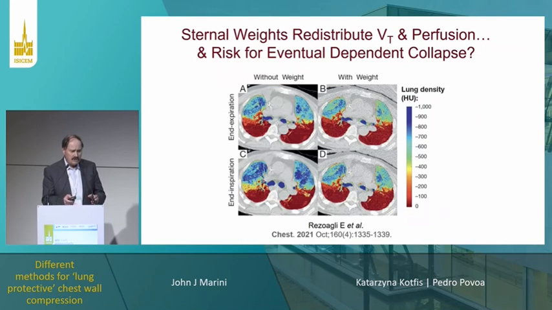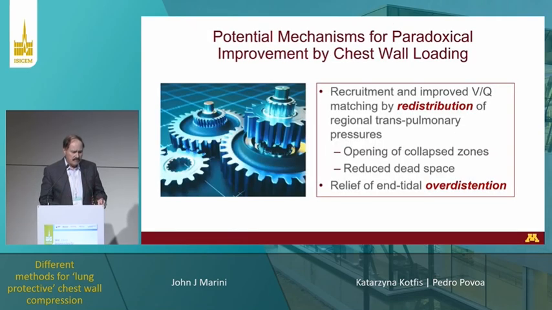Now, sternal weights redistribute tidal volume and perfusion, and possibly over time will risk eventual collapse of the dependent units. This is a very nice study by Rosegli and colleagues in Chest in 2021 that does show that there's redistribution of tidal volume and perfusion when we sustain a weight, like putting on a heavy weight on the sternum, for example.